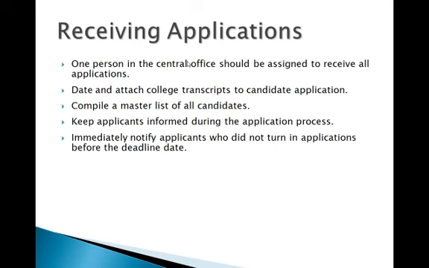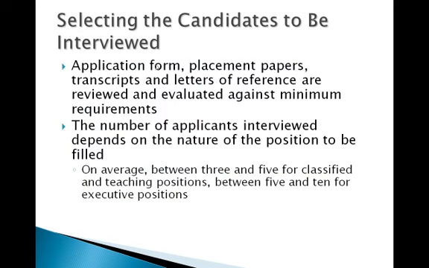I'm going on to the next slide, which is about selecting the candidates to be interviewed. One of the questions that I would pose to you is who screens candidates that would be interviewed? I would suggest that that should remain an administrative function if you have a committee in place. That way you can control the candidates who are coming to the committee.